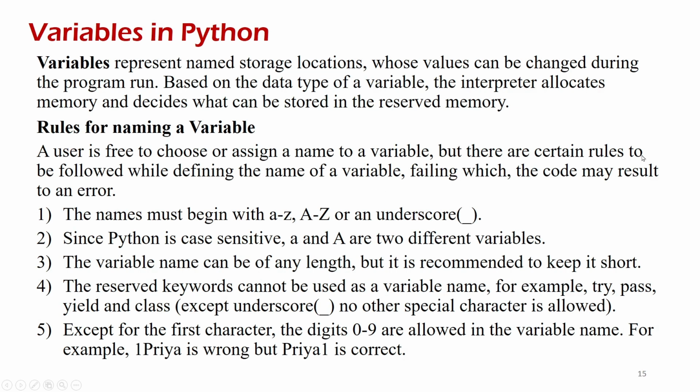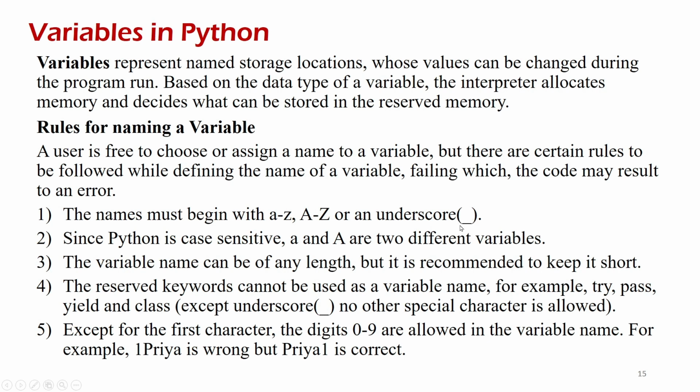But there are certain rules to be followed while defining a variable, failing which the code will give you an error. The first rule is that names must begin with either small a to z or capital A to Z, or it can also be an underscore.